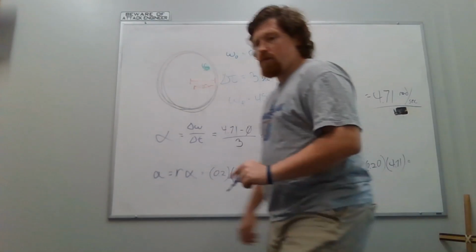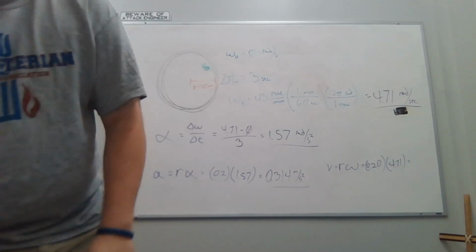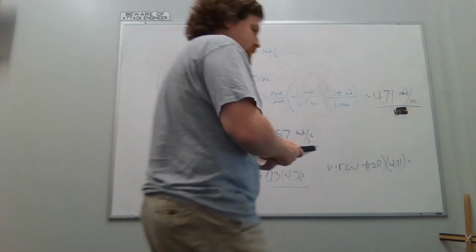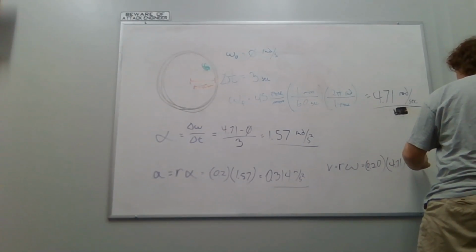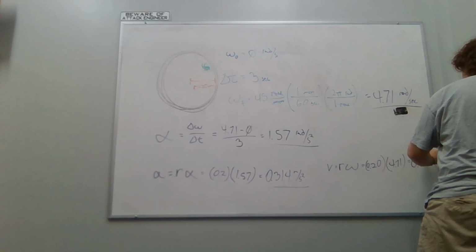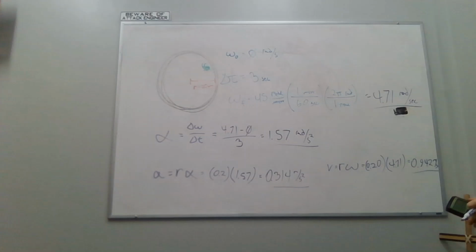And so the linear speed that the grasshopper is going to be moving at the 5 second time mark is 0.942 meters per second.